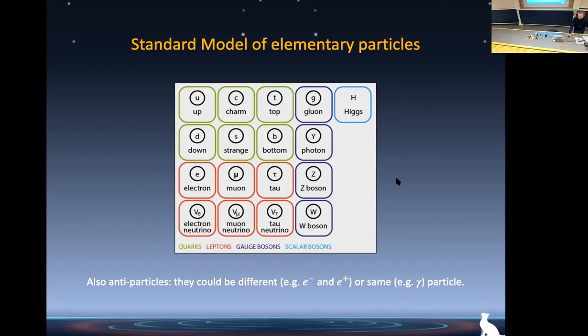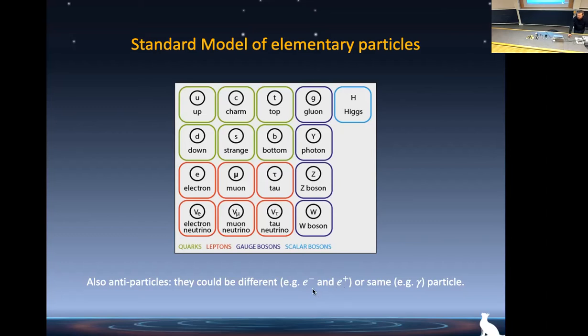So this is what we think exists at the fundamental level. These are point-like particles without internal structure, as far as we know. And I forgot to say, these mediators of the force are bosons. With a twist, we also have antiparticles. So the game doesn't stop here. We have a mirror table with the corresponding antiparticles.